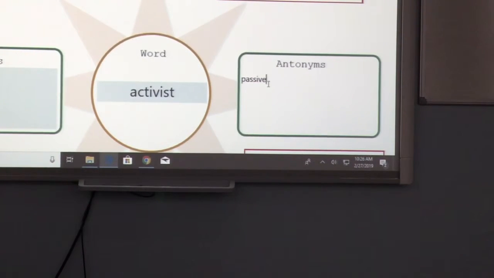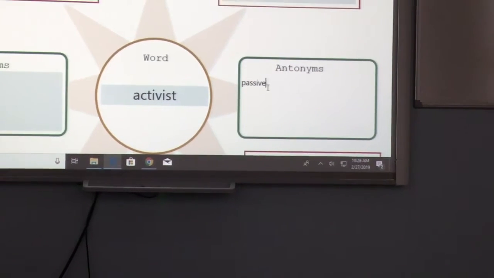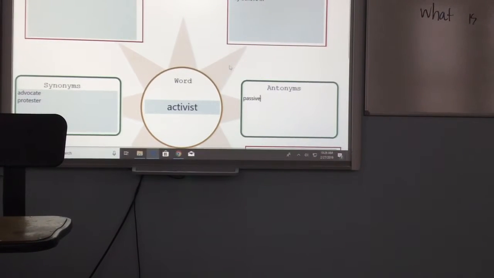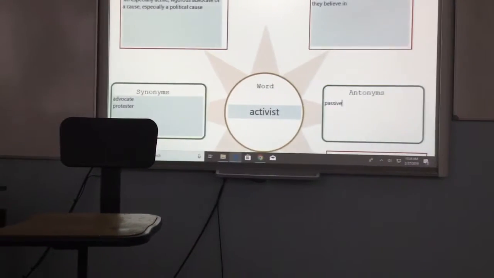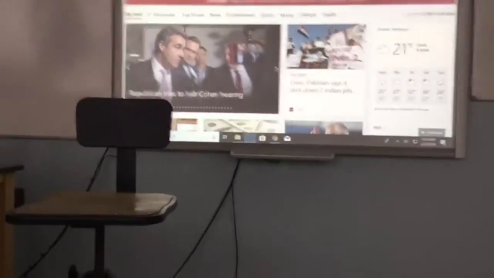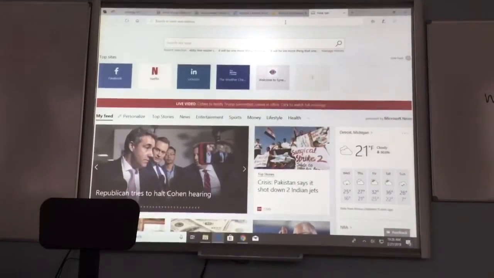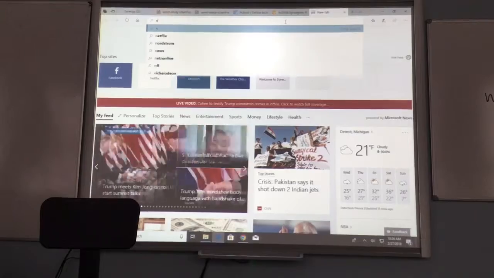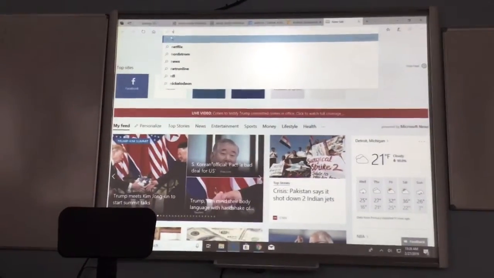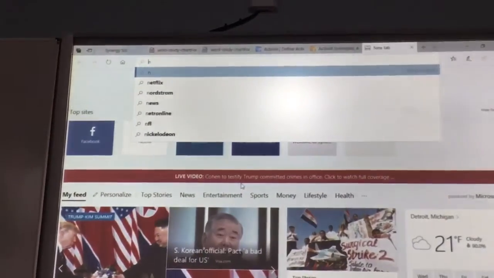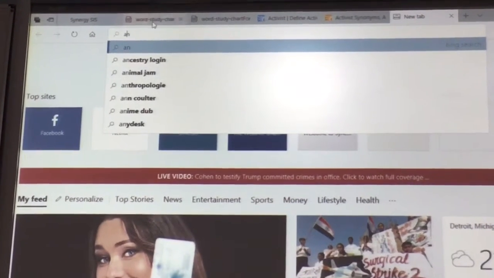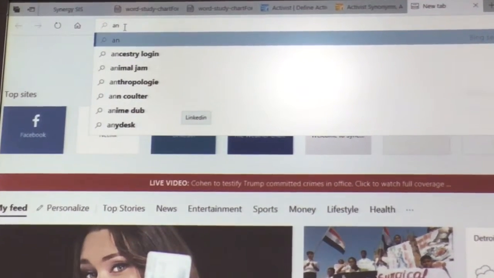But when you do this word study, if thesaurus.com doesn't have antonyms, then you can just do a search of antonym for the word. So you just type antonym.